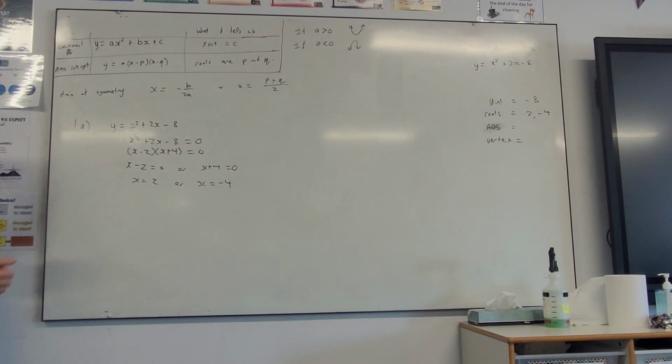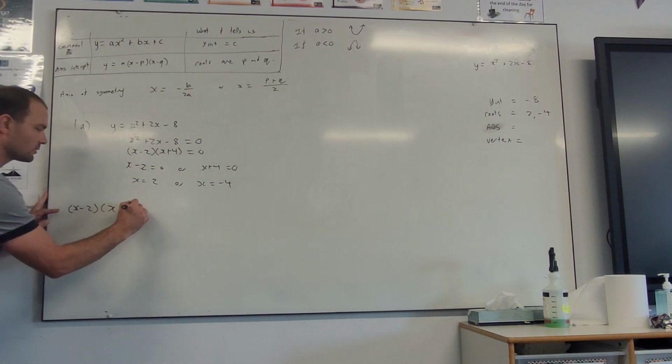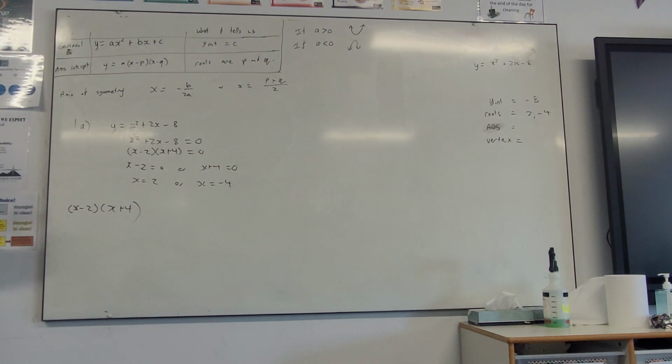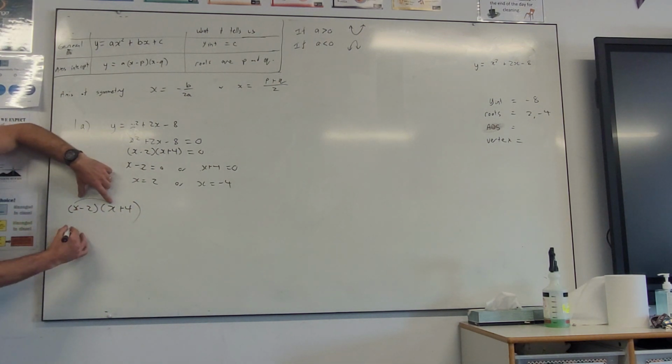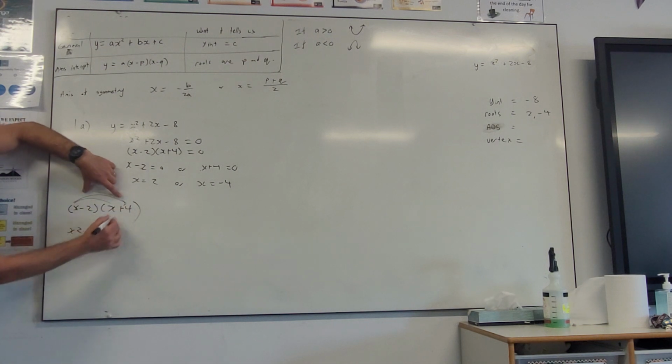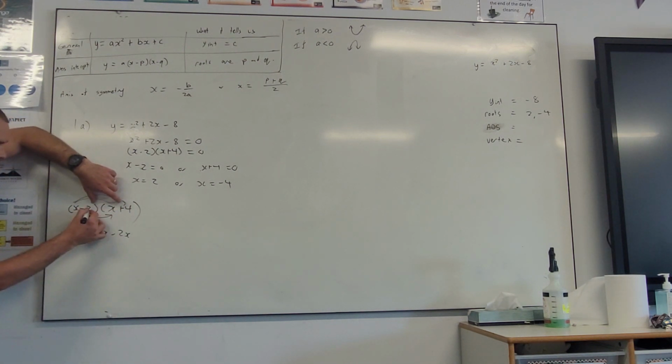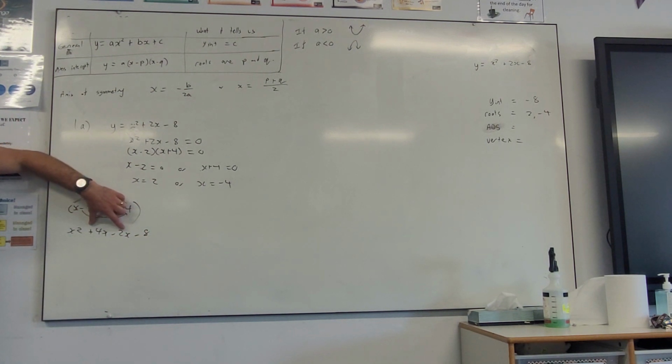I'm just going to do it, you don't have to copy this part, I'm just going to do it really quick to show you. Okay, if we have x take 2 times x plus 4, we use FOIL. We multiply it. X times x is x squared, x times 4 is 4x, minus 2 times x is minus 2x, and minus 2 times 4 is minus 8. Okay, we can collect the like terms in the middle here. 4x take away 2x is plus 2x.